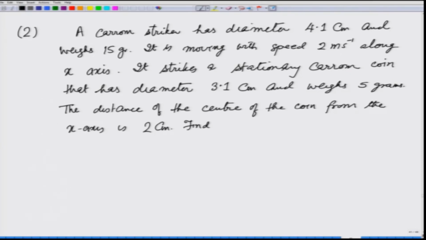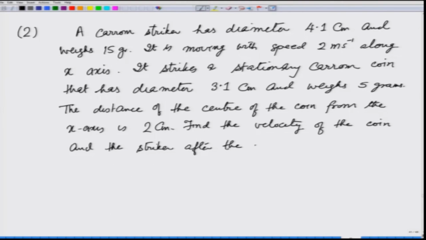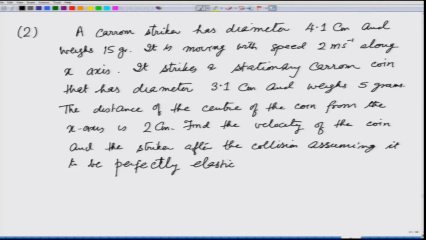Find the velocity of the coin and striker after the collision, assuming it to be perfectly elastic, and that means there is no energy loss.